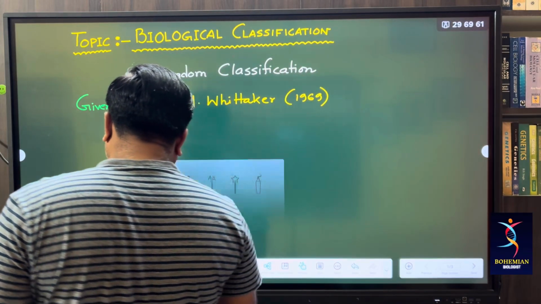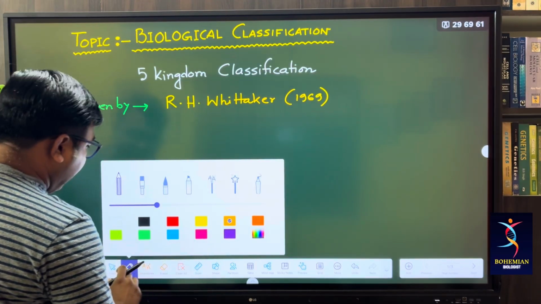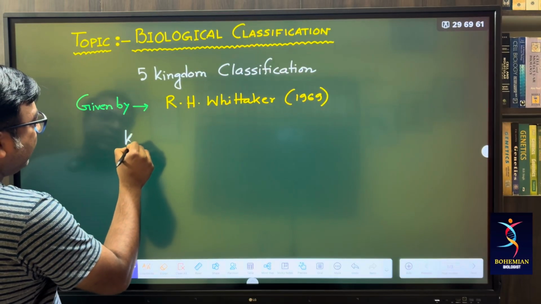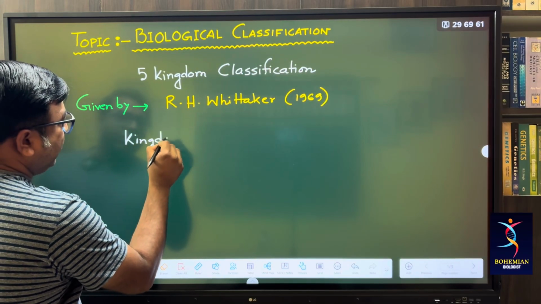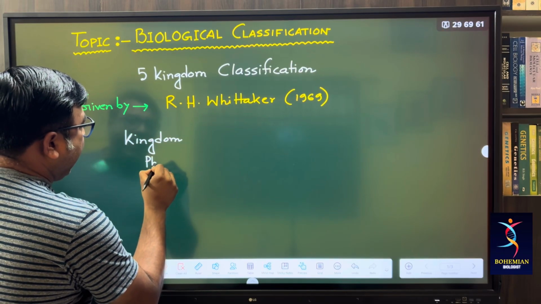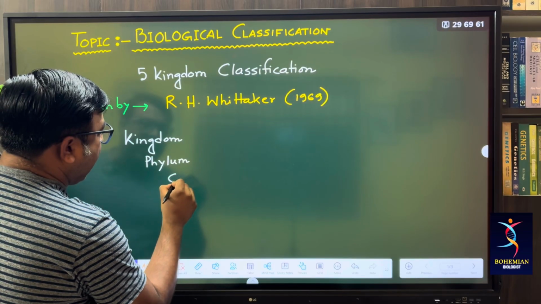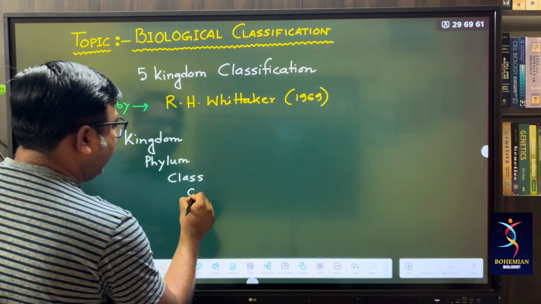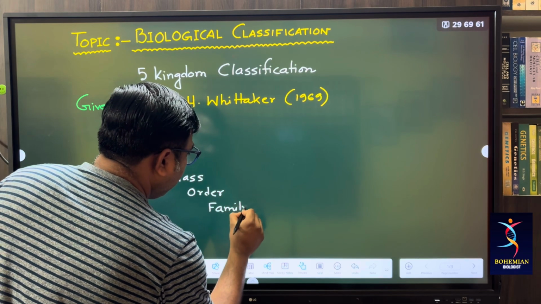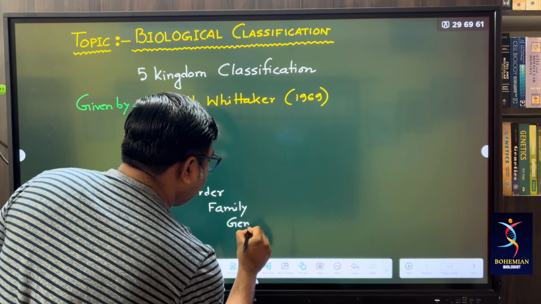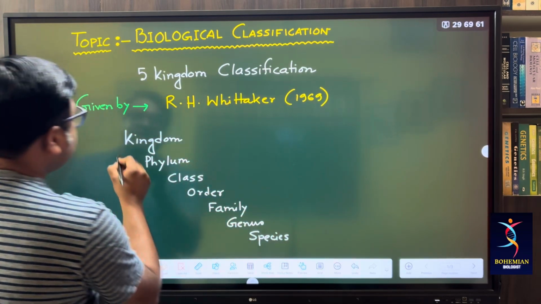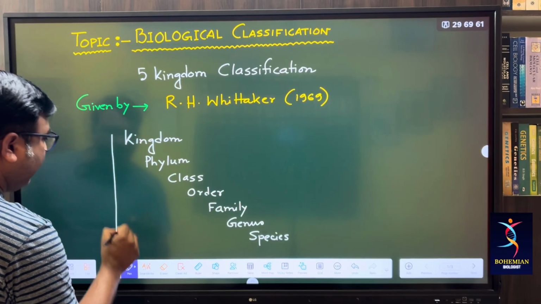In our previous class, I discussed hierarchy. What is hierarchy? There is kingdom, which is the topmost taxon, then phylum, then class, then order, then family, next genus and species. This is the 7-step hierarchy.